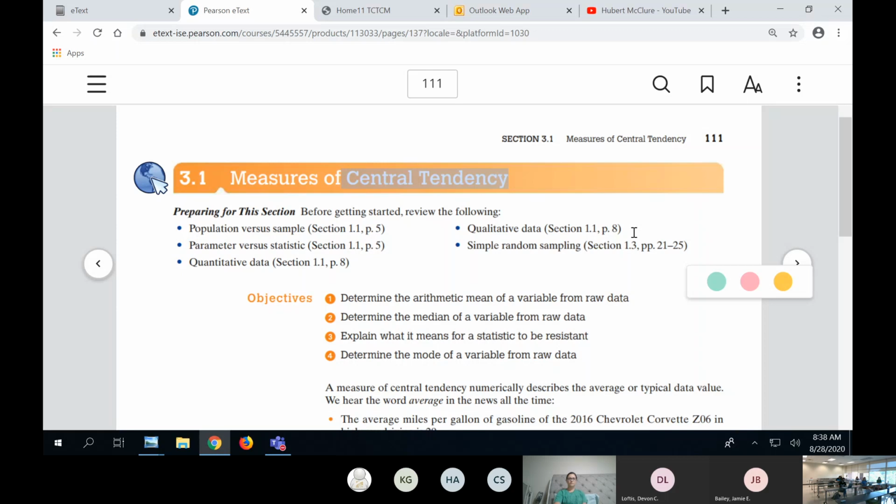You need to write that down if you don't know. Statistics compares everything to the center. That's what's called measures of central tendency. And the first step is finding the mean, because if the mean and the median are close together, then you have a normal curve.